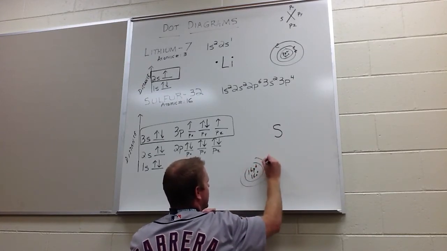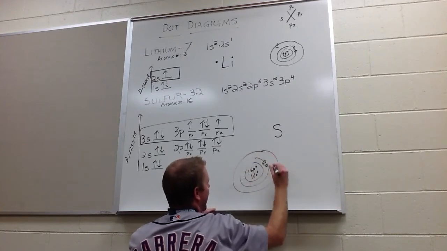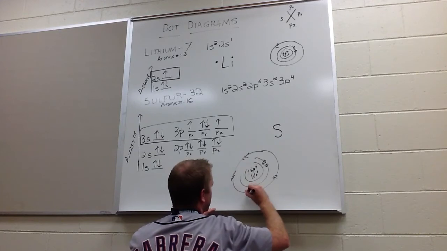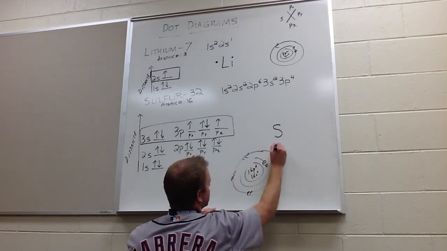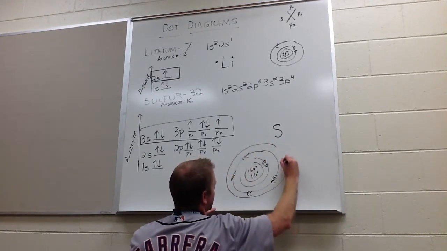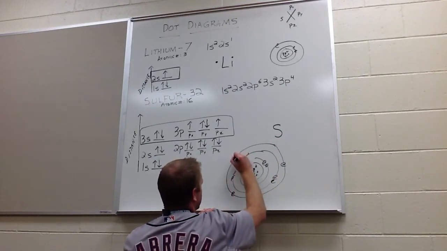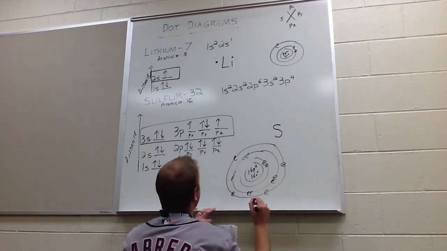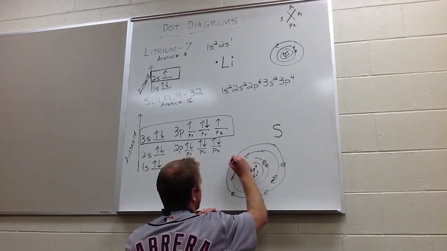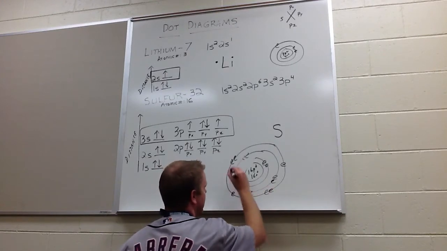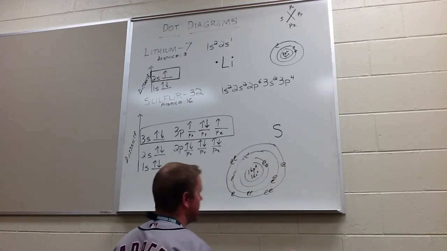There'd be 2, there'd be 8, and 6 more. So 1, 2, 3, 4, and then 2 of them would get pairs. So choose that one and that one, for a total of 6 valence electrons.